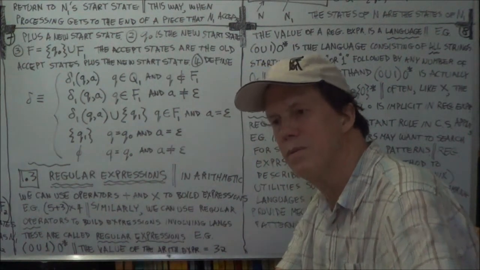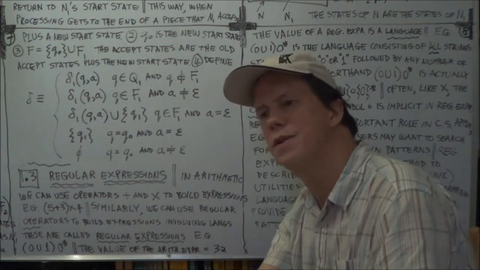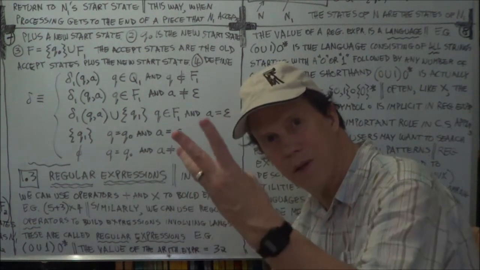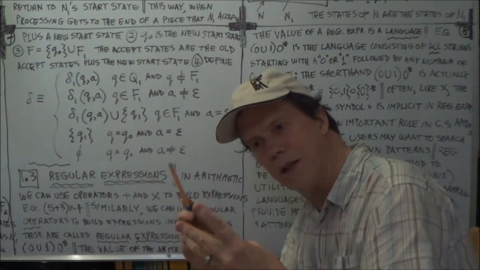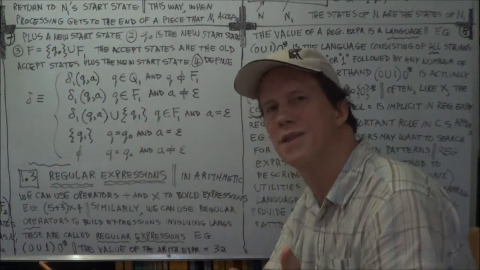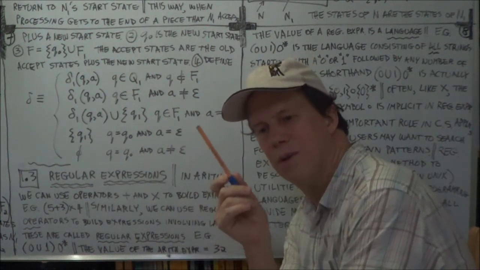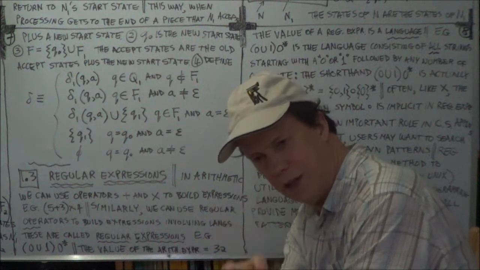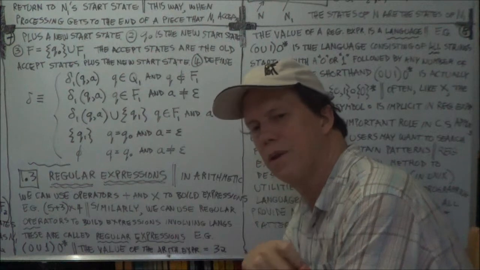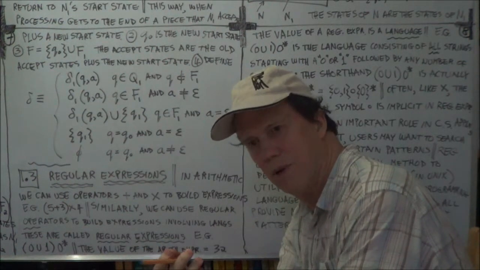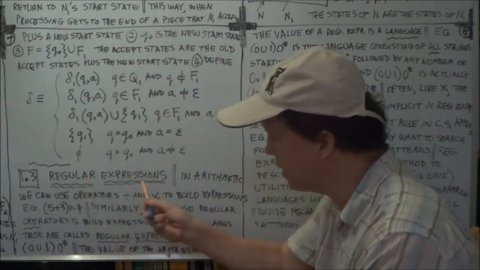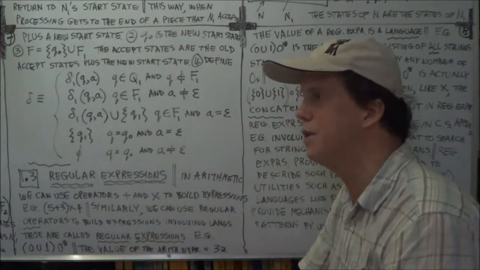So you're operating on languages, and because they're regular operators, the three we've just proven, union, concatenation, star, if you have regular languages and you're operating on them with regular operators, the result that you get will also be a regular language. So regular expressions end up as a regular language.